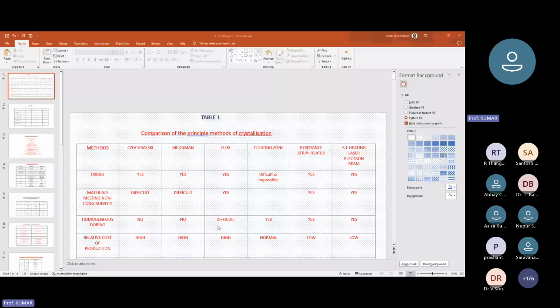Iron and chromium are used to have this kind of insulating behavior. Semiconductors, as I said, have a resistivity in the range of 10 to the power minus 2 to 10 to the power 6. But there are certain requirements, like, for example, if I have to remove parasitic capacitance in MOSFET devices, I should have a relatively high resistivity at room temperature.